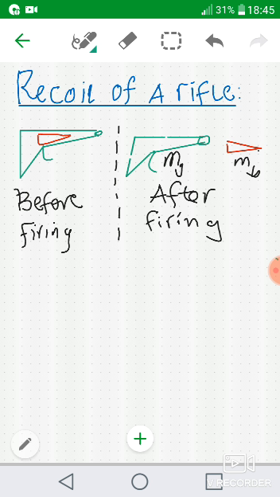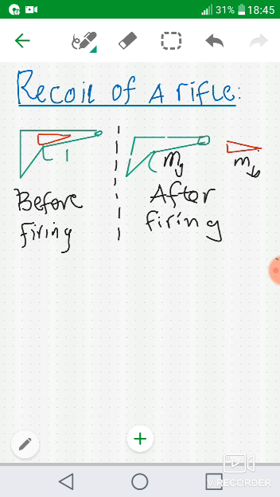When you look at these two diagrams, the first diagram is showing a gun, and inside the gun there is a bullet. In the second situation, the bullet now is out of the gun, meaning the bullet is shot. Initially, the bullet and the gun are at rest, so their velocities are 0 respectively.